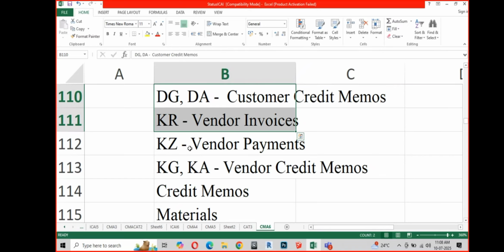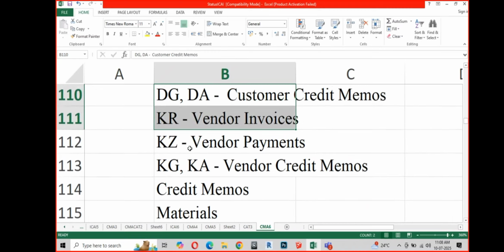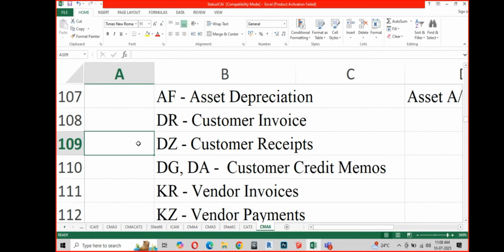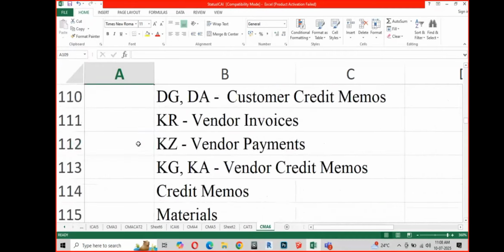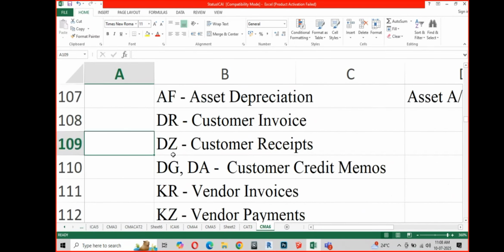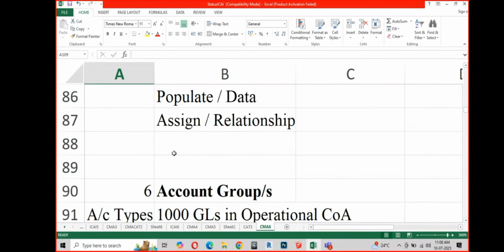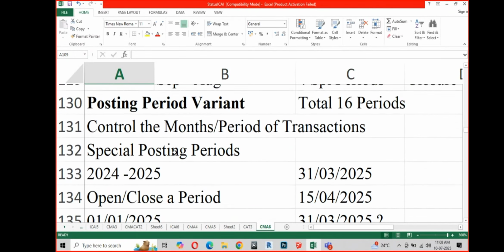Now, yesterday, just to expand this principle or just have a broader discussion about this topic, we saw something called your posting periods. Did we see it somewhere? Yes, definitely we have seen. It was an extension of your fiscal year. We see the posting period variable.